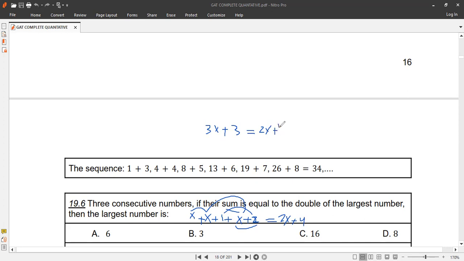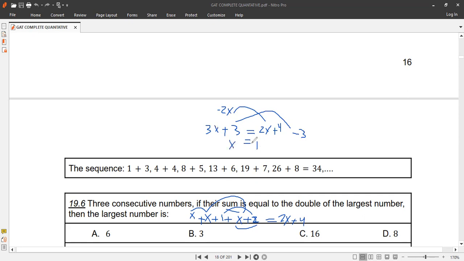As you know, we put x on the first side, so we take this to this side, but it becomes negative 2x, and we take this to that side and it becomes minus 3. 4 minus 3 equals 1. 3x minus 2x equals x.